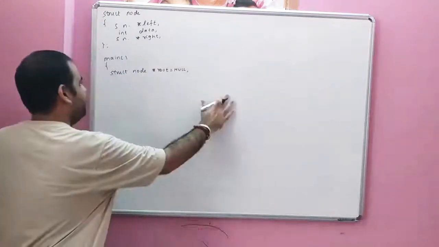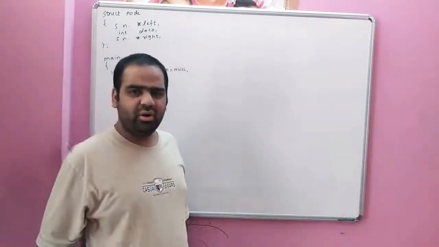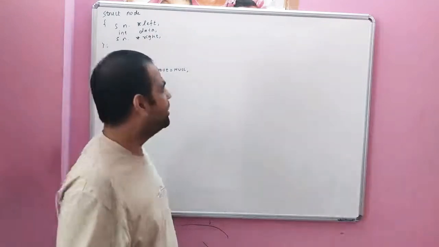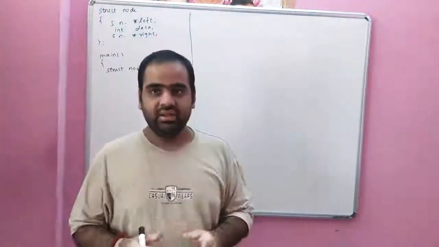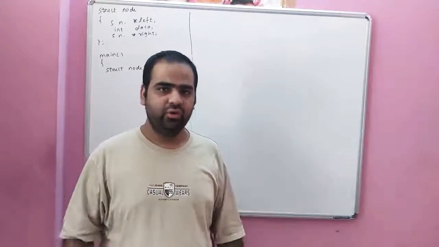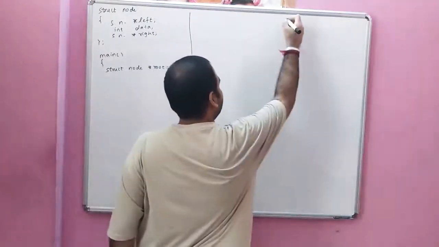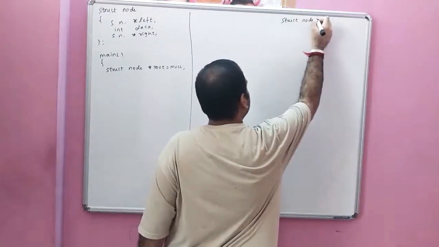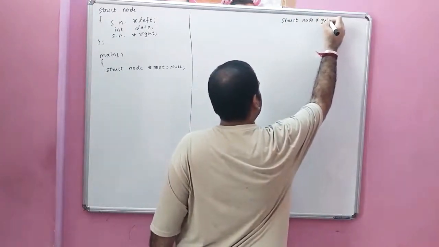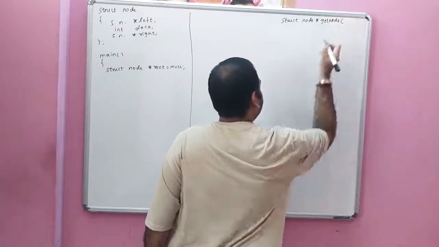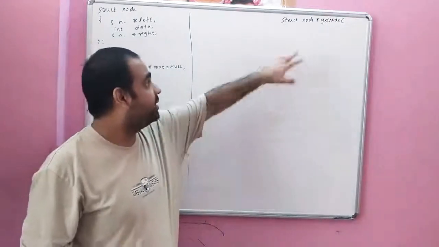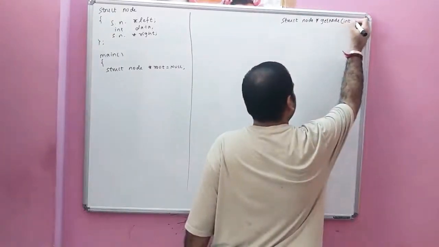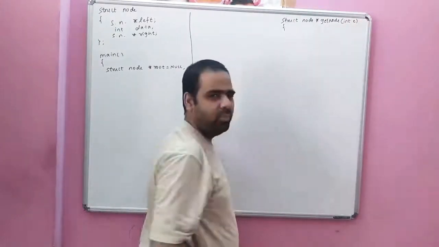Now what we do, we will create a node. To create a node, we will write one function called getNode. We know already how to do it. Let us now write the function getNode. We say struct node star getNode, because after it creates the node, it will give the address of that node. And we will take one parameter as integer, that means it will populate the data.